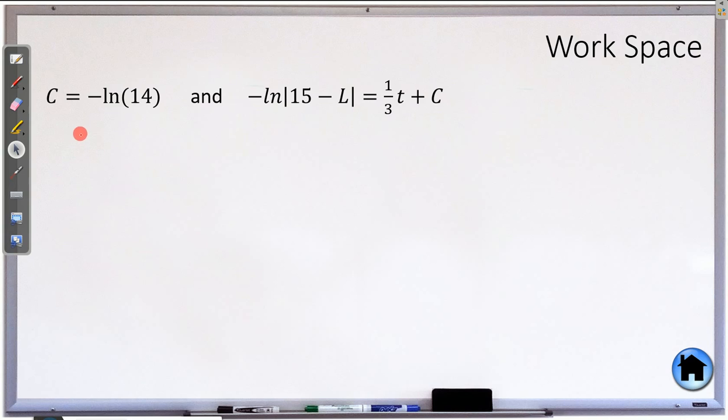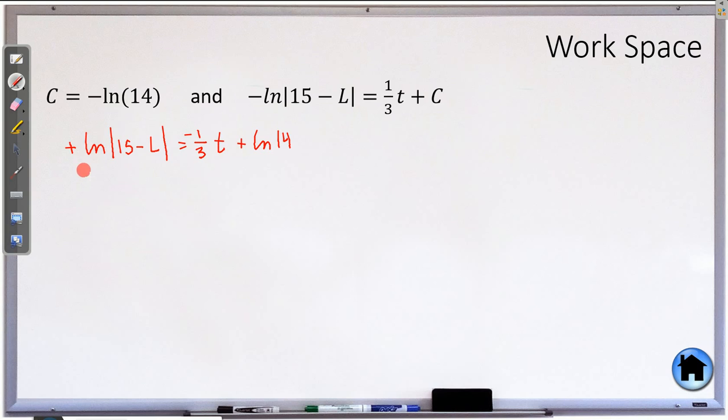We've got the negative natural log of 15 minus L is equal to 1/3 t minus the natural log of 14. I might get rid of this negative, so multiply by a negative, that becomes negative, that becomes positive.